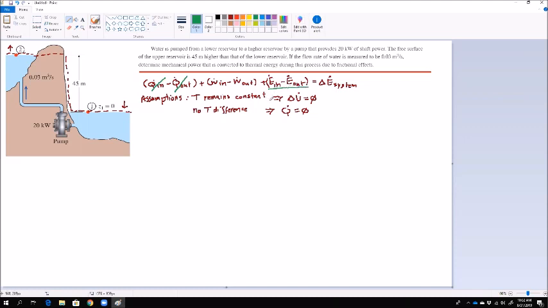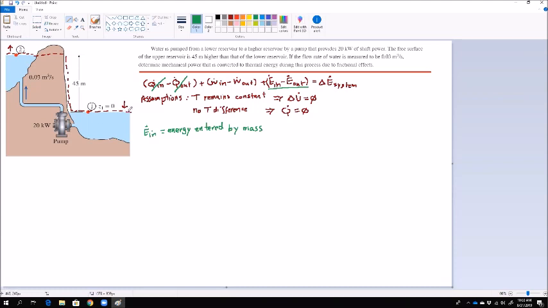This is the energy entered by mass. That's the meaning of the term. And E dot out is energy exited by mass. This needs a little bit of attention. If you look at this, it looks like it's a flow system. The water is flowing from here through the pump to the upper reservoir.